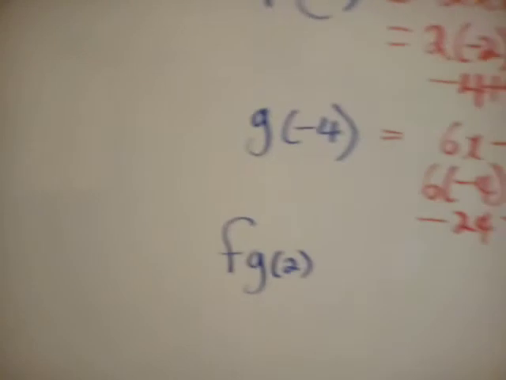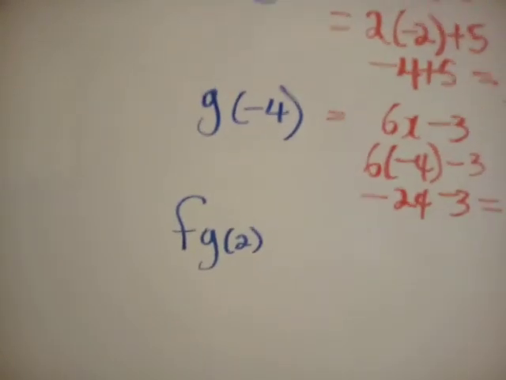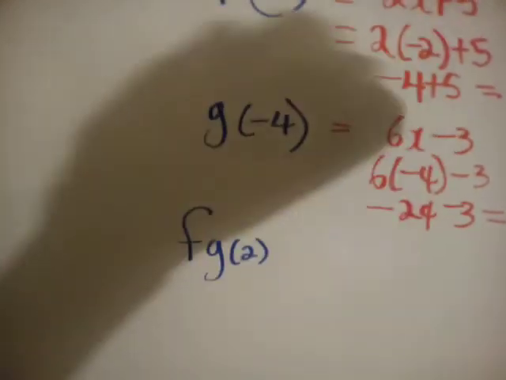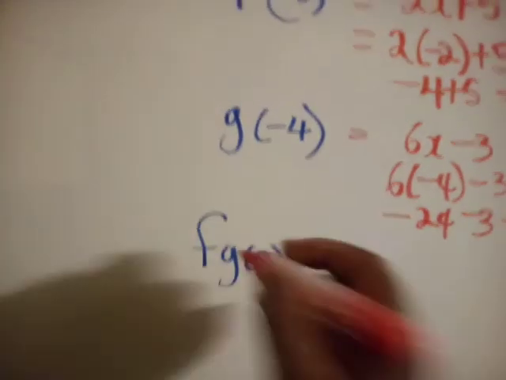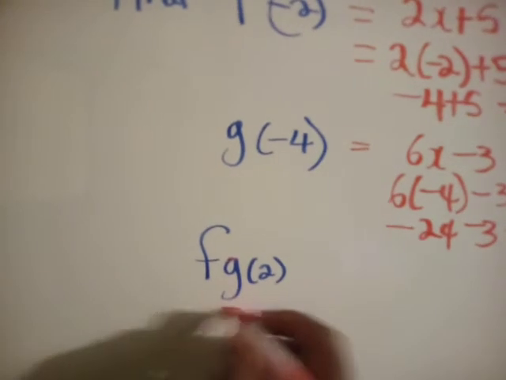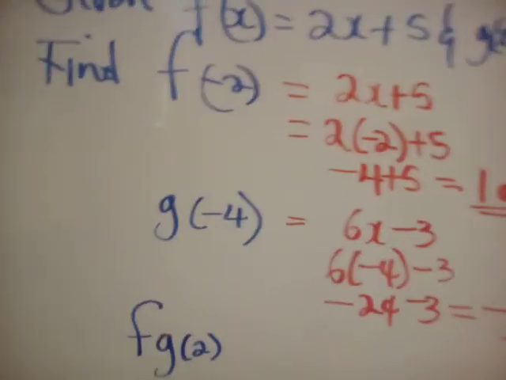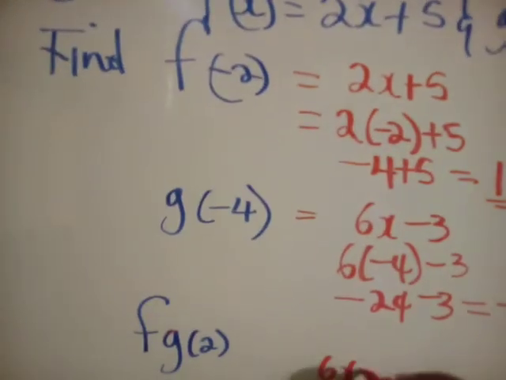Alright, this one is a little bit different because what it actually asks us to do is to combine both functions. So we're going to combine f of g, both of them. So the rule is we simply write back g first. Now g says 6x minus 3, so we simply write it back. It will be 6x minus 3.